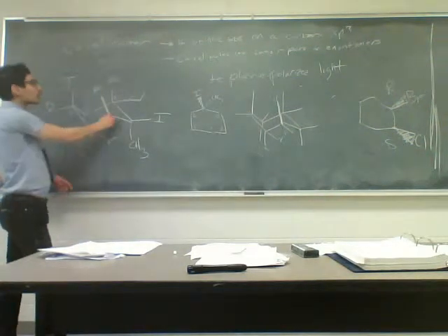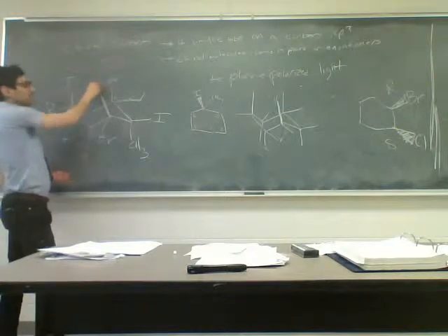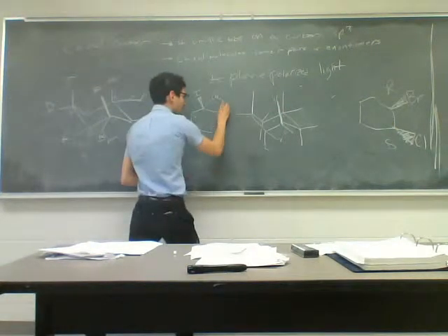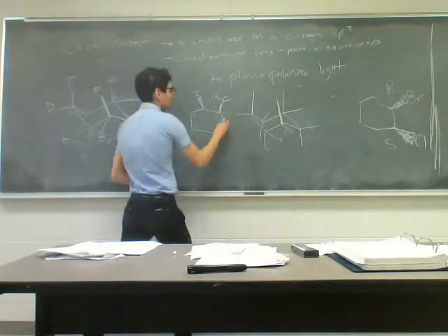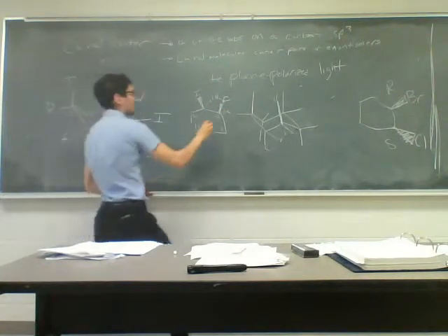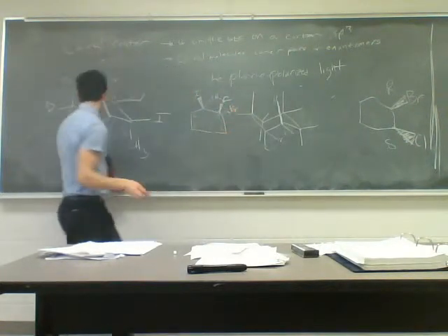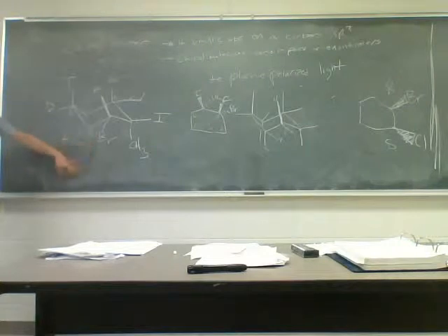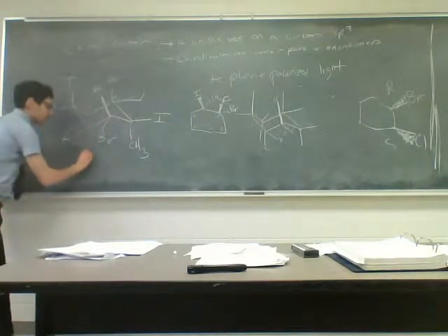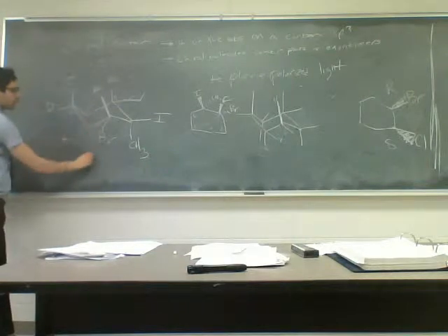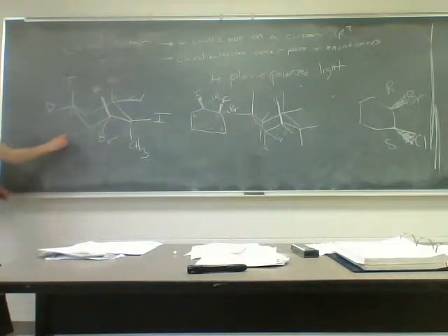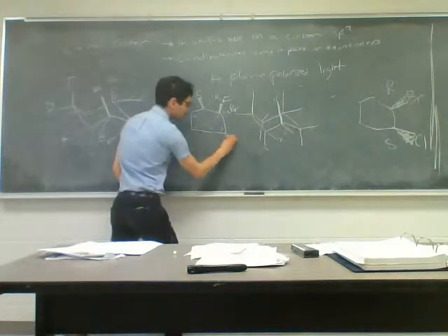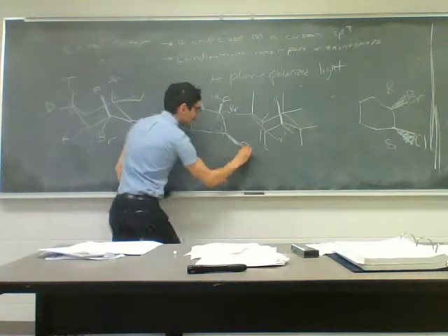On carbon number 2, we have a fluorine in the higher up position and a bromine in the lower position. On carbon number 3, we don't care about hydrogen. It's helpful to know that these lines should point down for the lower one. Fluorine is up, so we'll put a wedged line for fluorine.